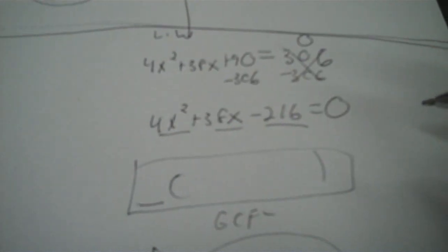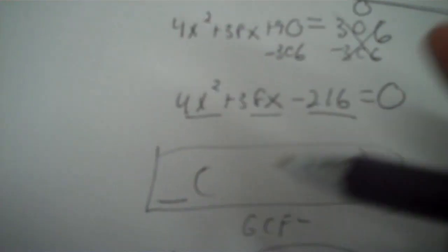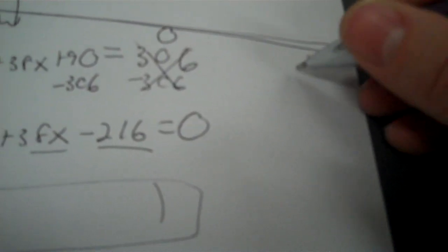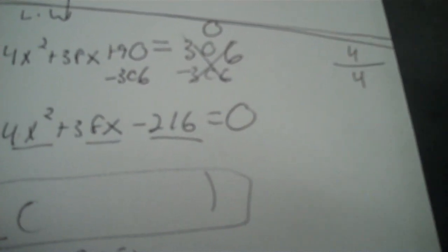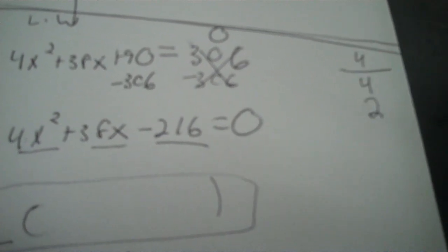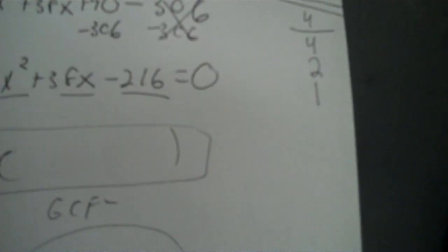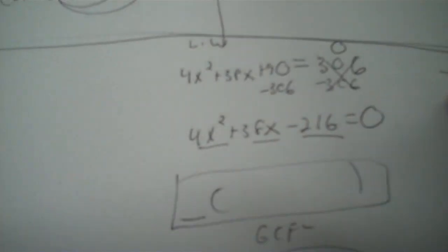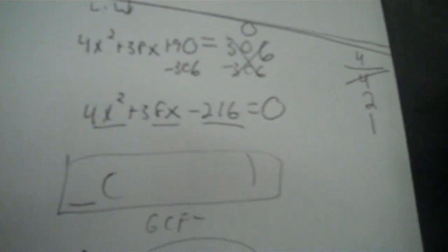And here's what you're going to do to find the GCF. The multiplication chart ain't going to cut it. You take the smallest number you got, 4. Well, 4 is in the 4th row, it's in the 2nd row, it's in the 1st row on that table. Now, see if you can divide all these by 4. 4 divides by 4. How about 38 divided by 4? Decimal. So if I get a decimal, it ain't going to work.